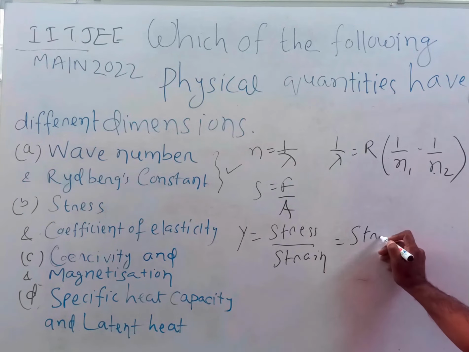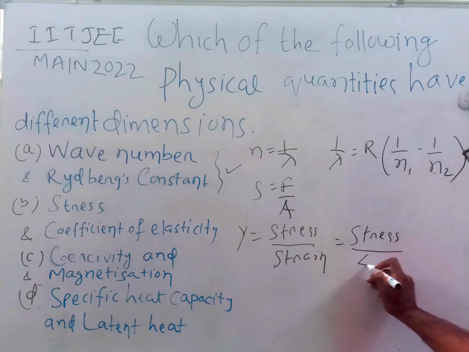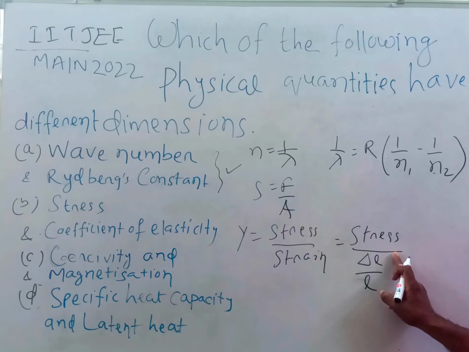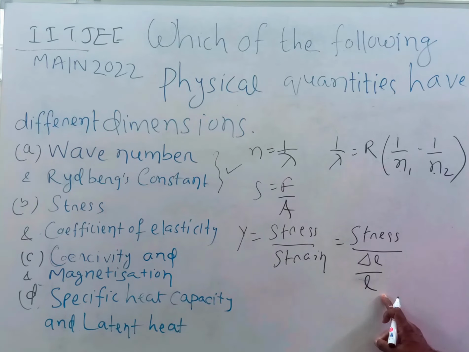Strain is delta L by L, where delta L is the change in length and L is the original length. Or this may be delta A by A, change in area upon original area, or delta V by V, the change in volume upon original volume. That means change in dimensions upon the original dimensions.